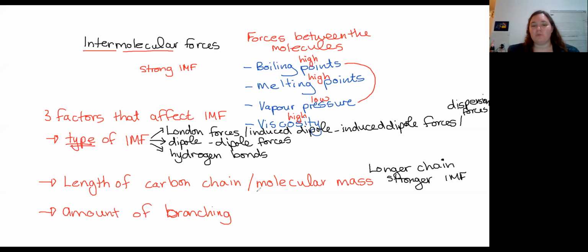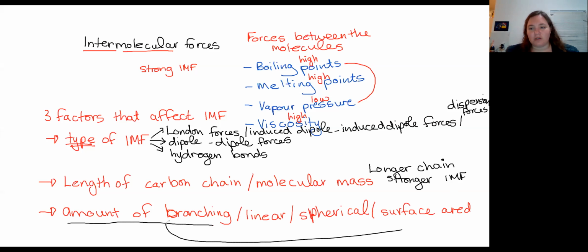Instead of saying the amount of branching, sometimes they allow you to talk about how linear they are, how spherical they are, or we could link it directly to the surface area. But I usually find that I talk firstly about the amount of branching, and then I personally link the amount of branching to the surface area.